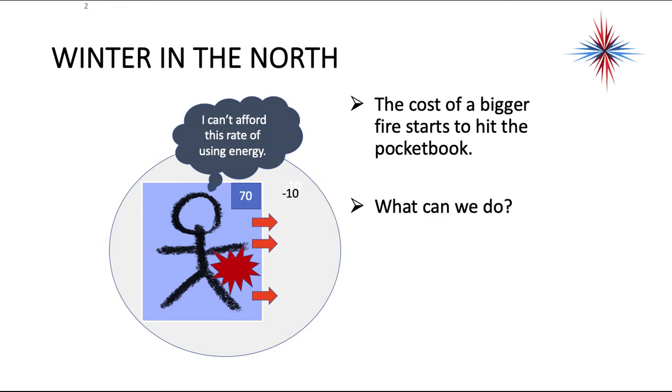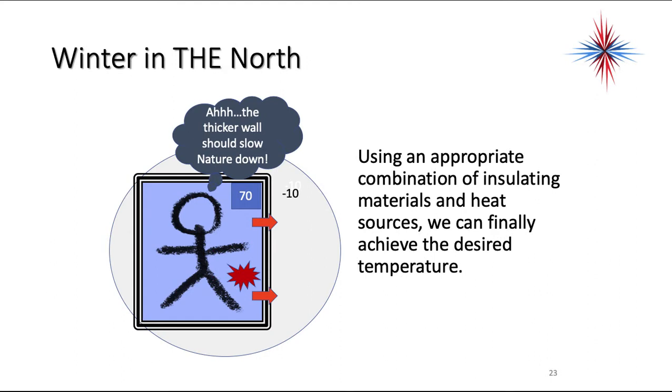Why? Because the building is 30 years old and it doesn't have the same energy efficiencies as the buildings today have. Using an appropriate combination of insulating materials and heat sources, we can finally achieve the desired temperature. The point is maximizing the R value of the building shell, that's the insulation value, to slow down nature's tendency to equalize imbalances.